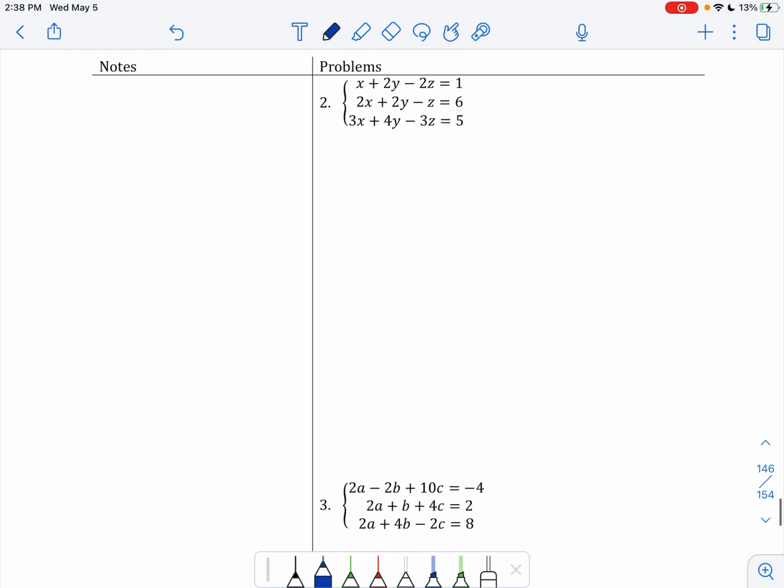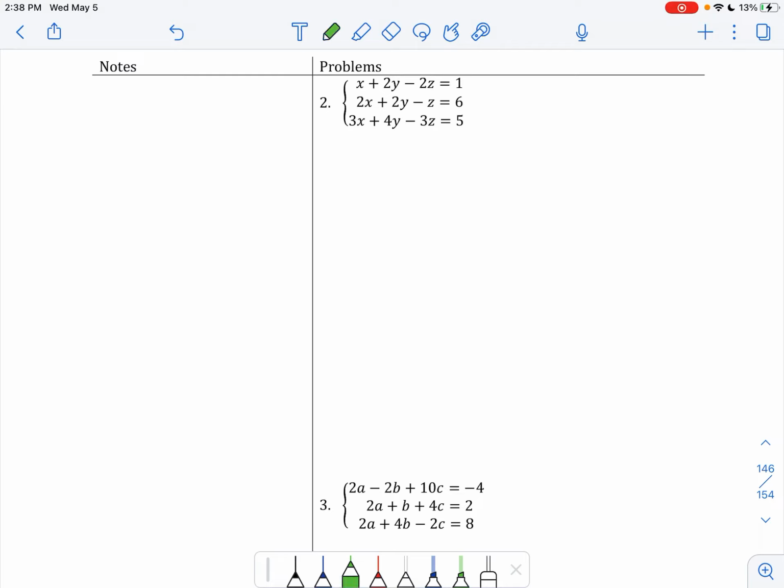Now, what I want to look at is another one. And these two are going to have different things about them. So we're going to use a similar method here, except unfortunately, none of the variables perfectly cancel out. But this is 4, and these two are both 2.